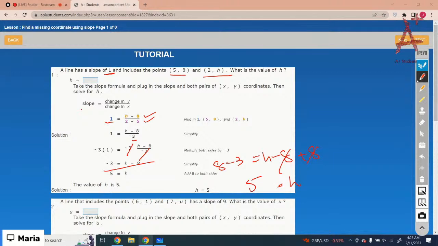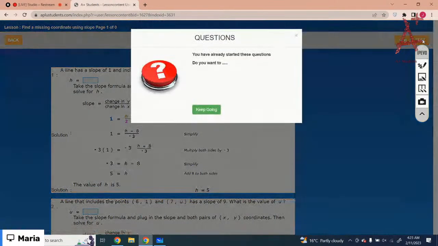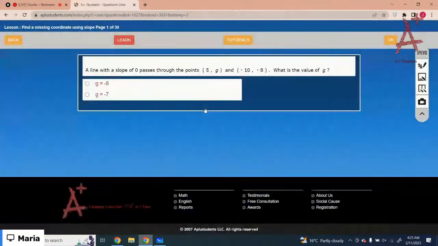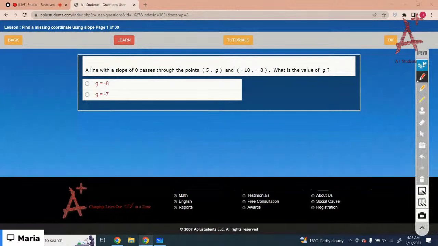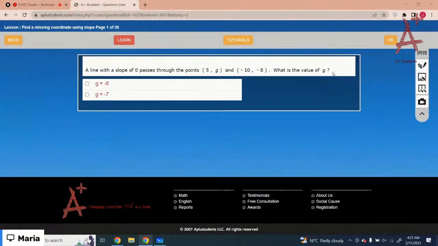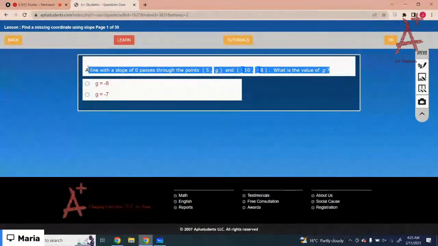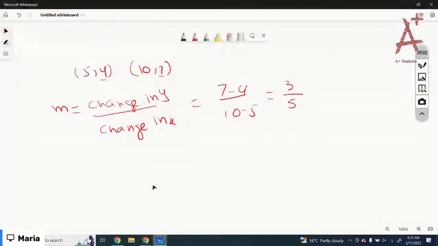Okay, let's just start with the test questions so that we can do the practice questions. Okay, a line with a slope of 0. Okay, yeah, you are given a slope that is 0, passes through the points 5, g and negative 10, negative 8. What is the value of g?